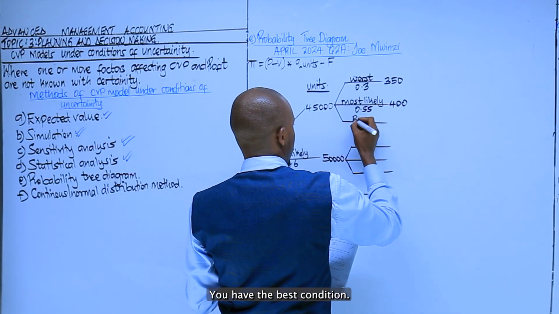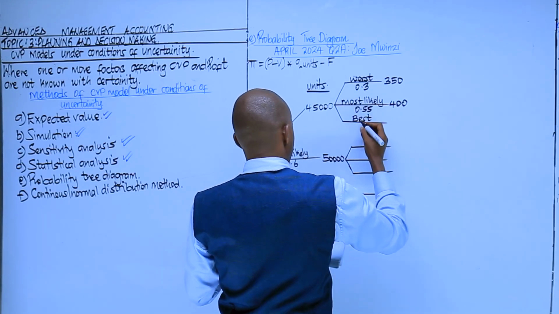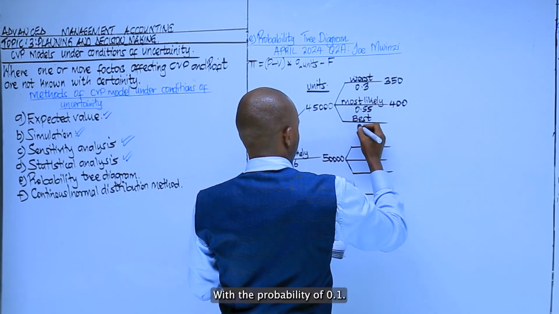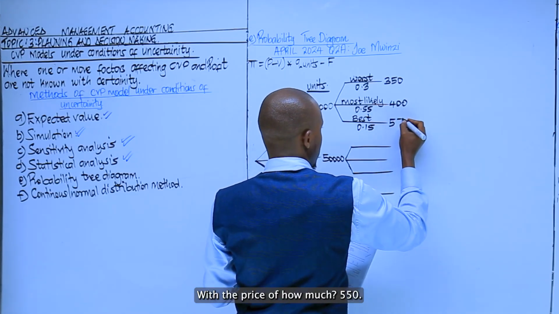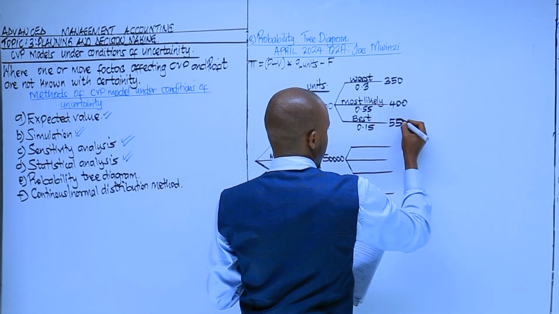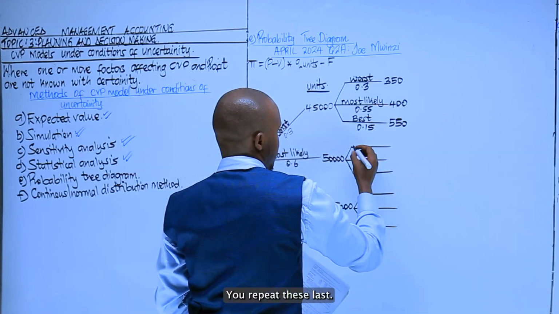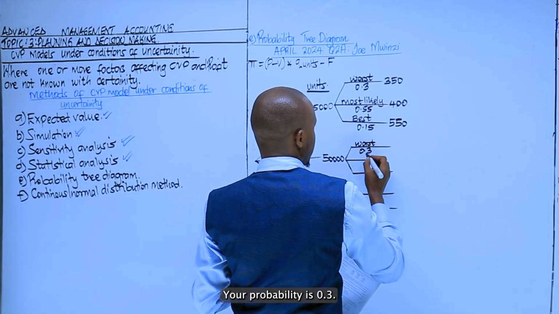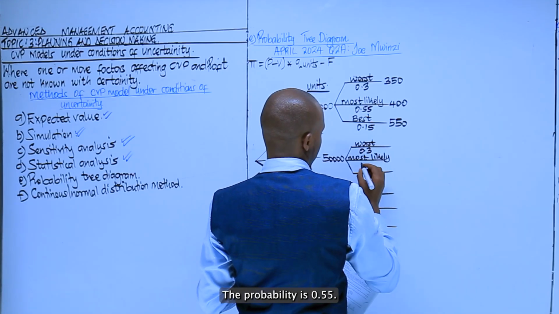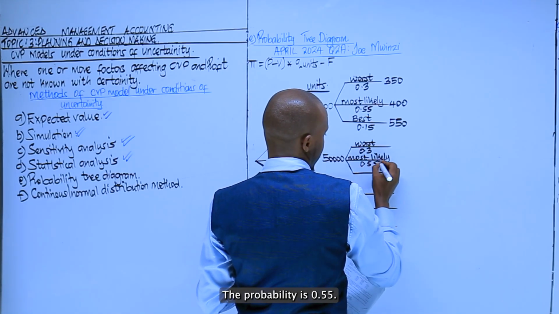You have the best condition with a probability of 0.1, with a cost of how much? 550. You repeat this. Worst, your probability is 0.3. Most likely, the probability is 0.55.